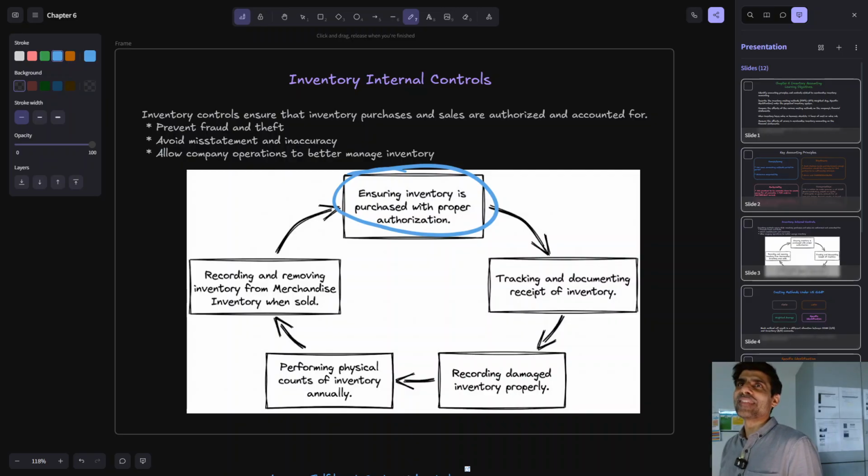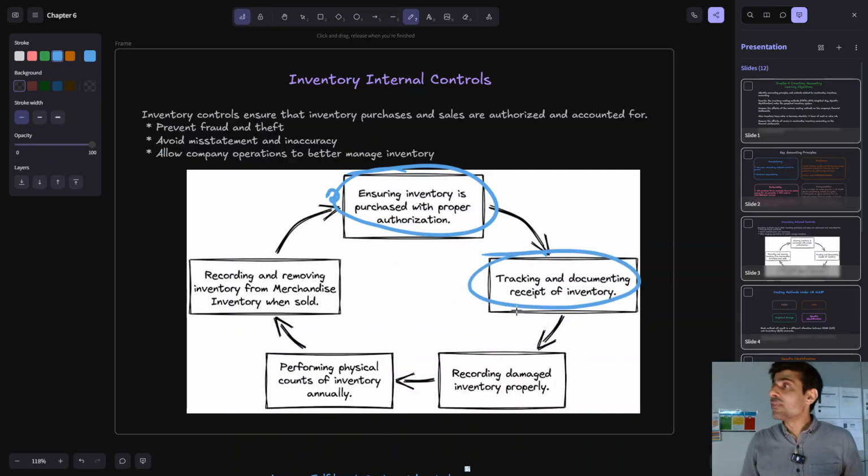Yeah, you just order yourself stuff, right? You just have it shipped to your house. Or you have it shipped to the warehouse, but you bury the invoice, or you get rid of the fact that it was paid for, and you just take it to your house from there. Okay, so you want to make sure that things are bought with proper authorization.